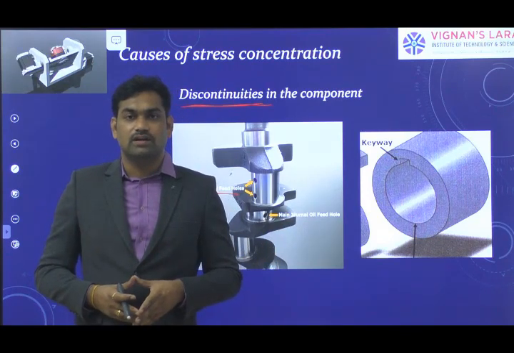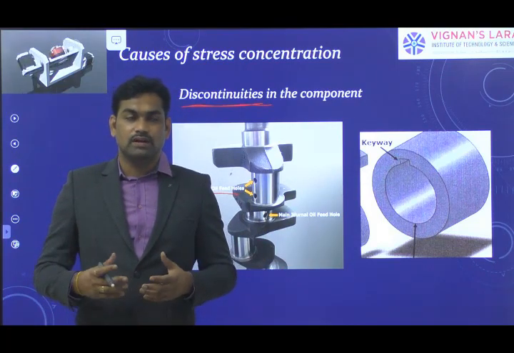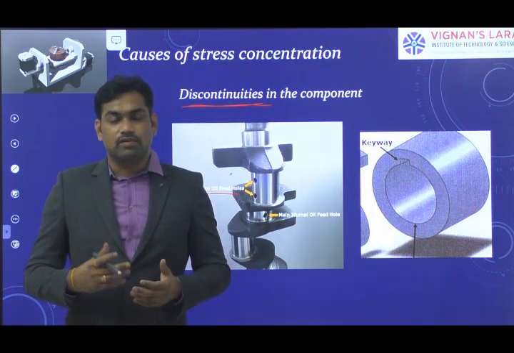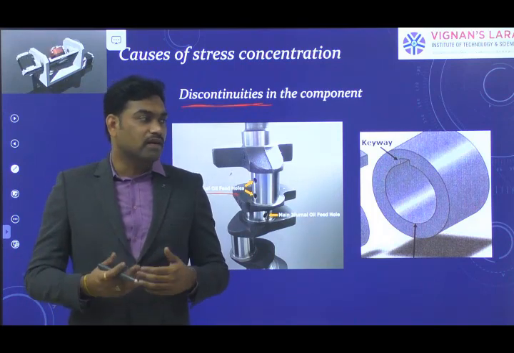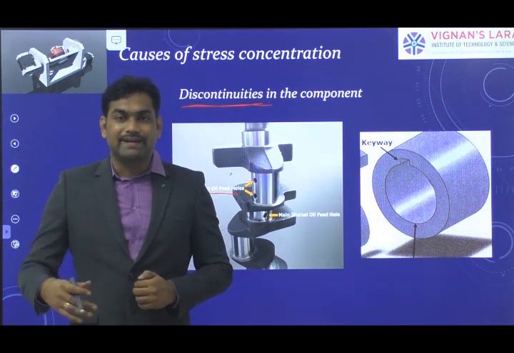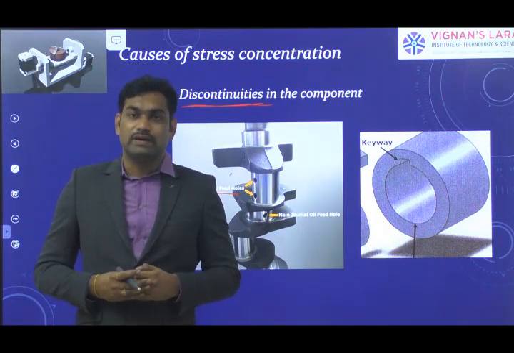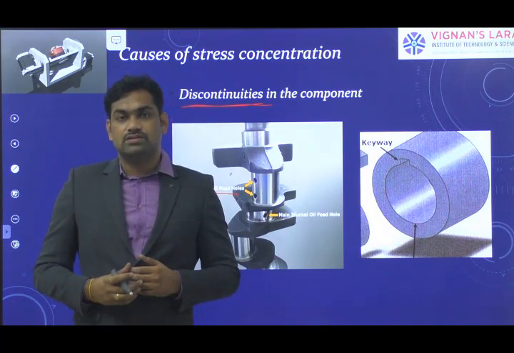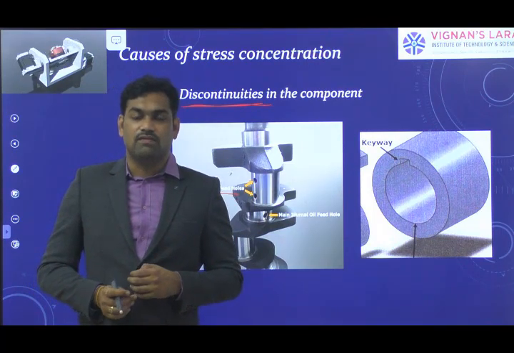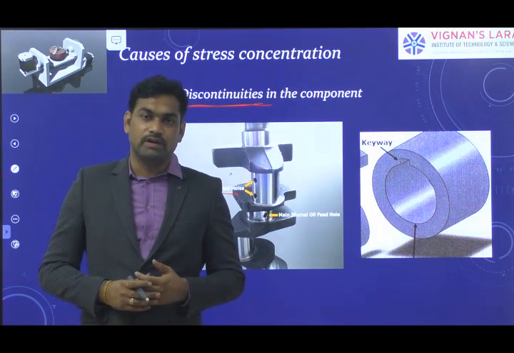So it cannot be neglected by the designer. It is impossible to completely avoid the stress concentration in the machine component, but we can reduce the intensity of stress concentration by applying some methods of adding or removing material to the existing geometrical features.